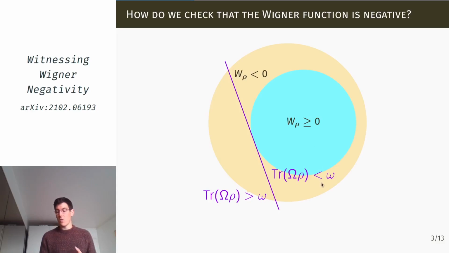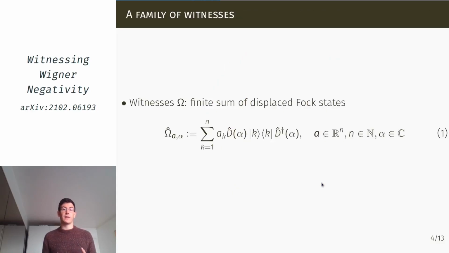Okay, so now what's this family of witnesses? We'll take, for the family of witnesses, finite sums of displaced Fock states. So it's just a sum of Fock states which you displace, and you put some weights in front of all the Fock states, which gives the witnesses.